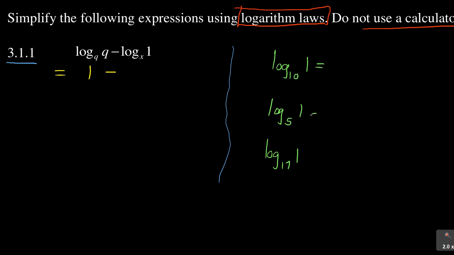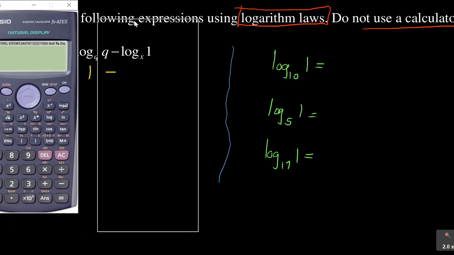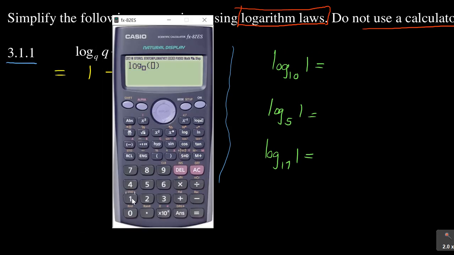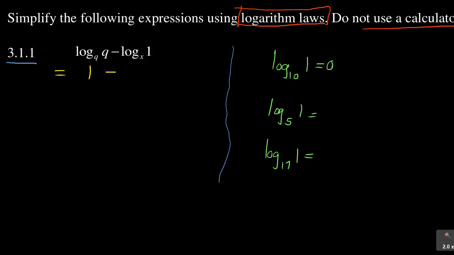Using my calculator, log base 10 of 1 equals 0. Log base 5 of 1 again is 0, and log base 17 of 1 is 0. So you can see that in all instances I am getting a 0.